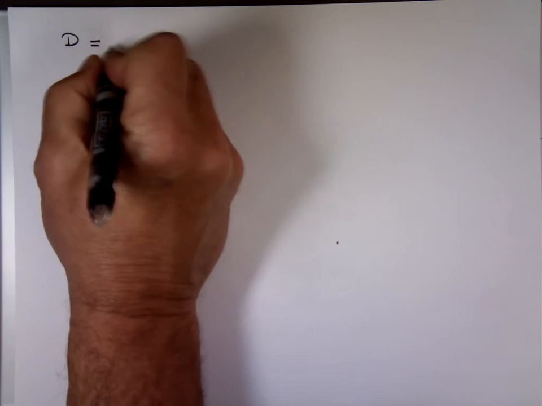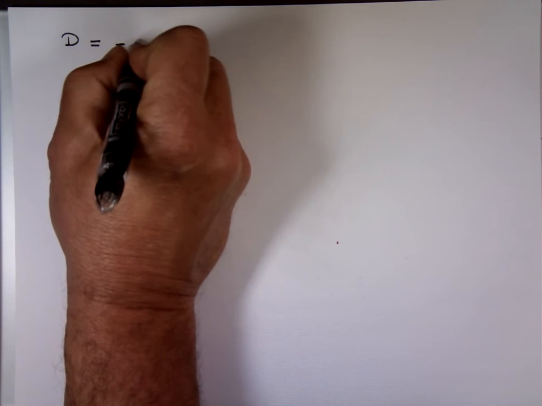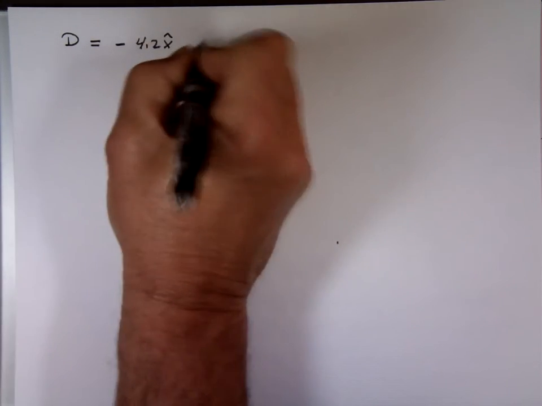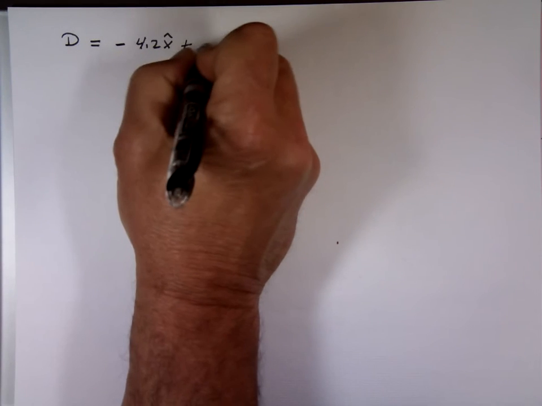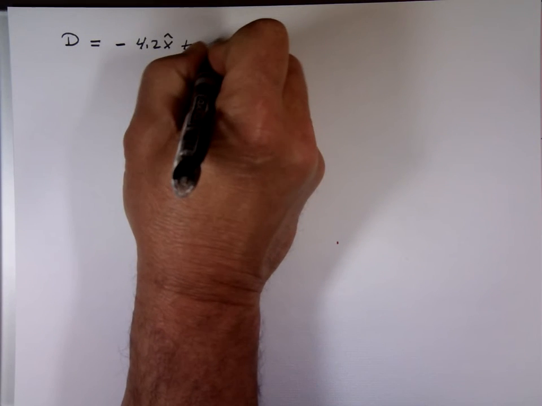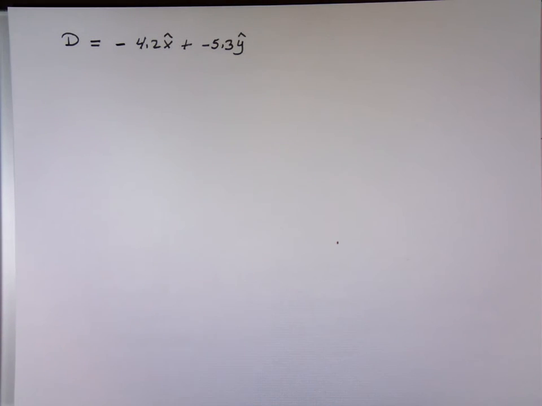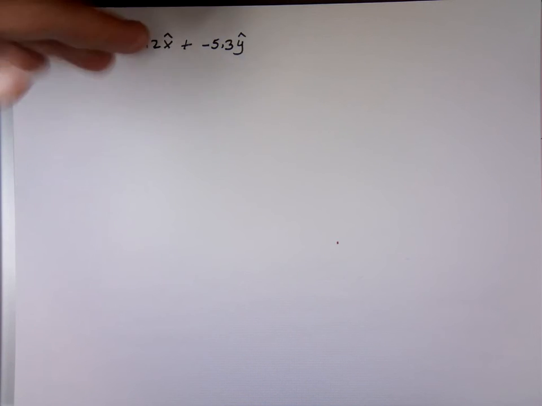X is negative, Y is negative. So negative 4.2 in the X direction and negative 5.3 in the Y direction. I could have just said minus instead of plus minus, the same thing.